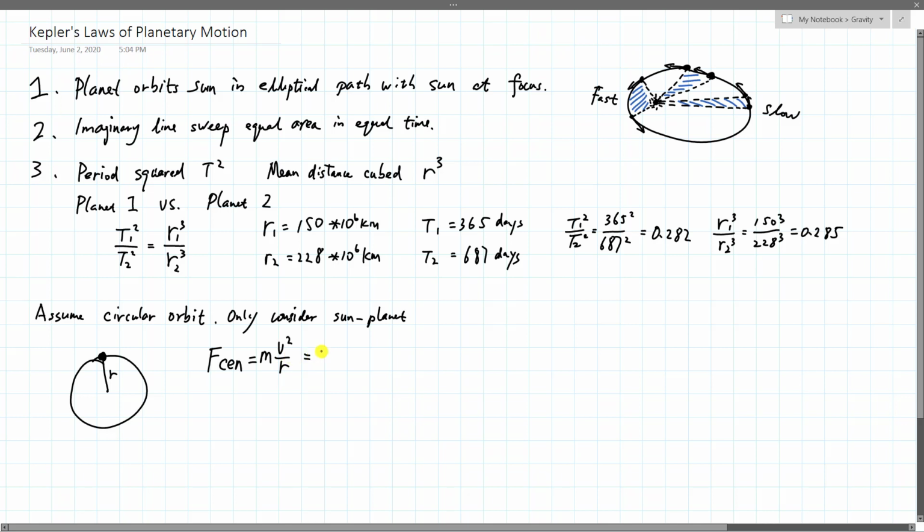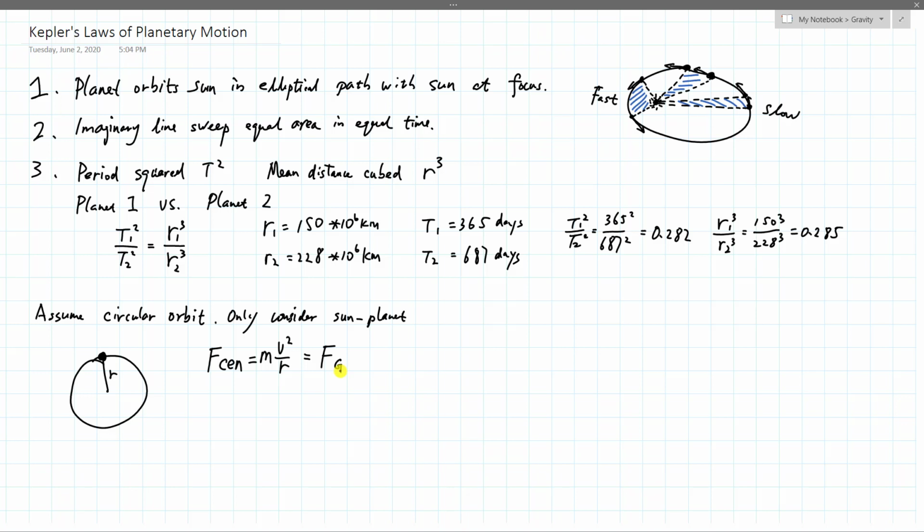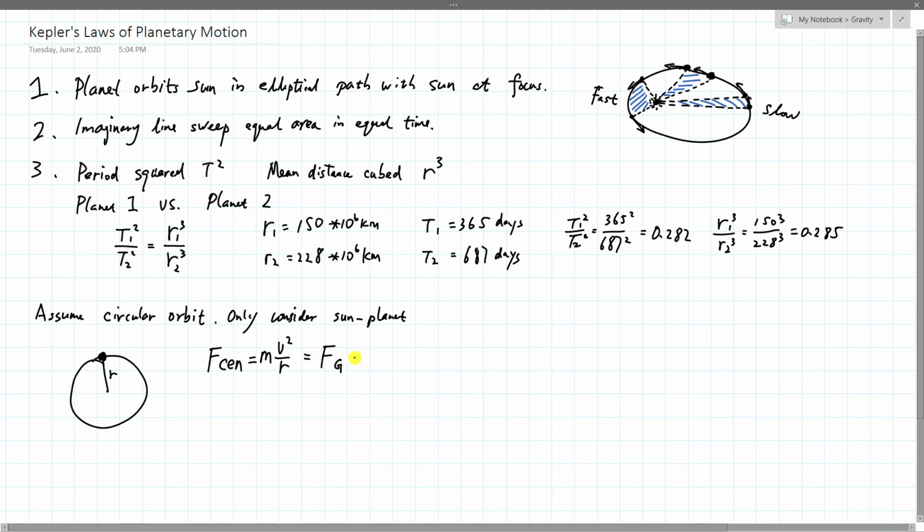This force is provided wholly by universal gravitation. There's no other force binding a planet to the sun. So this magnitude is equal to G M m, where capital M is the mass of the sun. Let's put capital M in the middle, lowercase m next to the planet, and that is G M m over r squared.